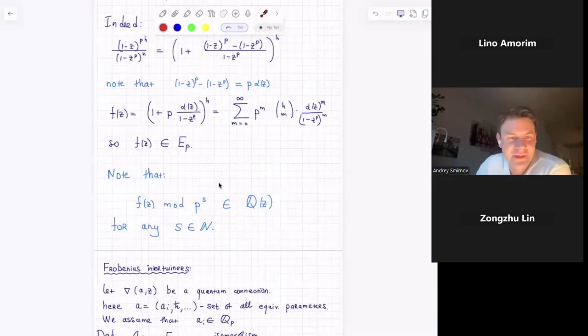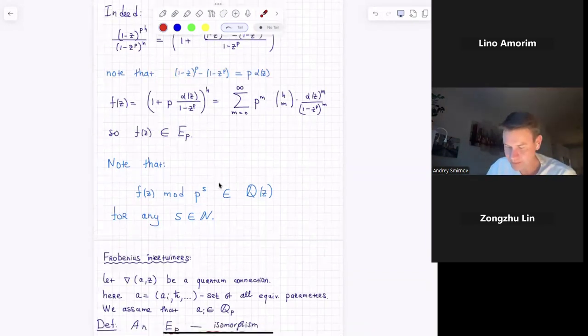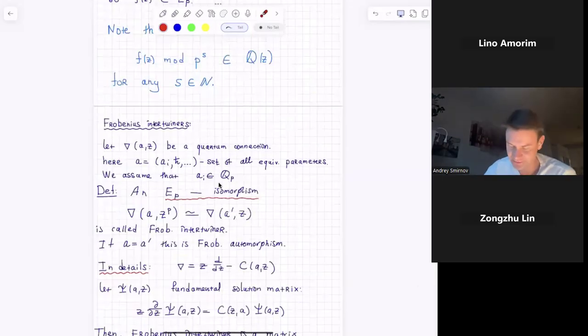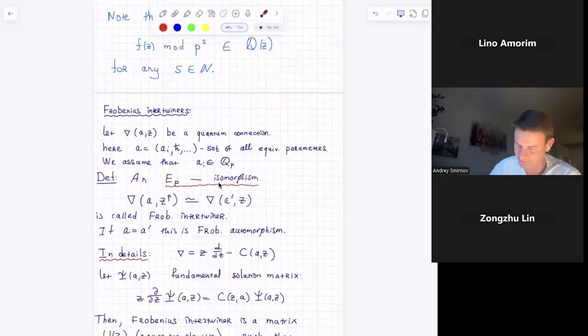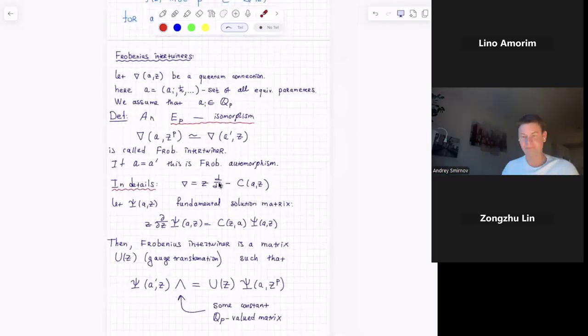The way to do it, for example, using a computer, is you reduce all coefficients of this power series modulo p to the power s, and ask, is it true that this power series is now the Taylor series expansion of some rational function? If this is true for any s, then yes, you get some element from this completion. And in practice, sometimes it's convenient. I'll explain some kind of numerical experiment which involves this computation in a second. Well, okay, now what is the Frobenius structure?